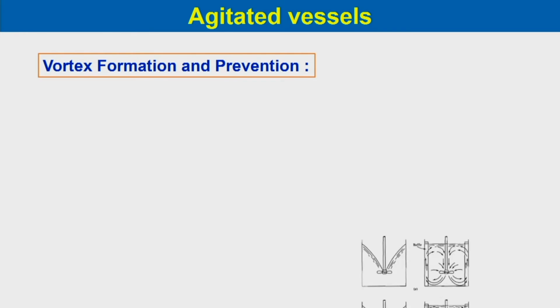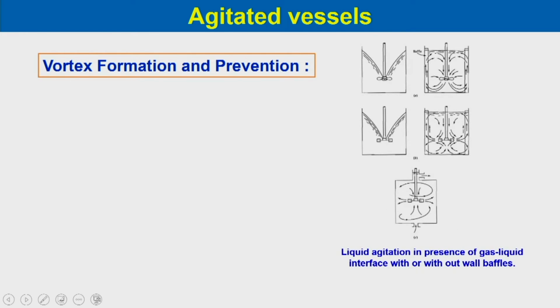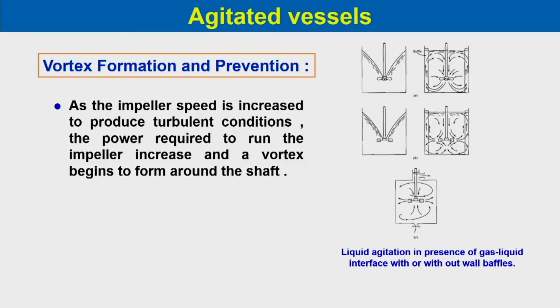Vortex formation and prevention. So, you can see if you have only an impeller, there will be vortex formation and there will not be very good agitation inside the liquid. As the impeller speed is increased to produce turbulent conditions, the power required to run the impeller increases and a vortex begins to form around the shaft.